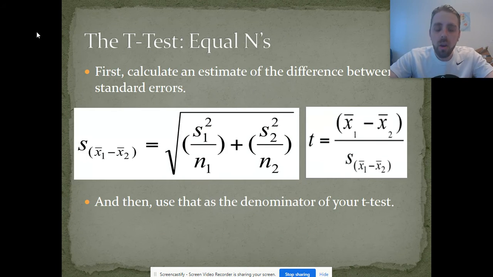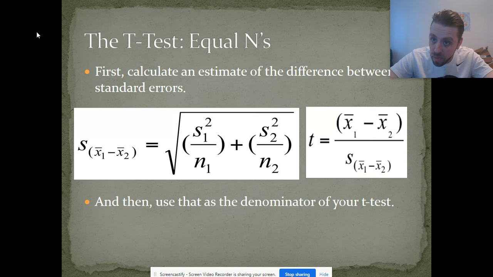Okay, so when it comes to doing step 5 for a t-test with equal Ns, you have to first calculate an estimate of the standard error of the difference. That is represented by S of x bar 1 minus x bar 2, which is calculated by taking the variance of the first sample. See how that's S squared, the variance.